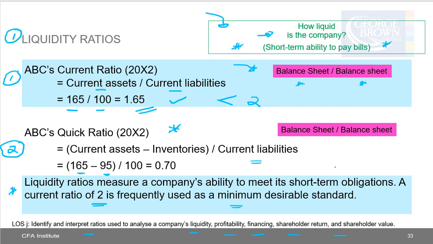Sometimes inventories may have been on the balance sheet for a long time. We don't know what's in those inventories. Could they be converted to cash? There might be an issue. So to be more conservative, we would use the quick ratio, and we would simply deduct the inventories from the current assets, divided by the current liabilities. And of course, the number is going to be always lower because our numerator is going down, okay?